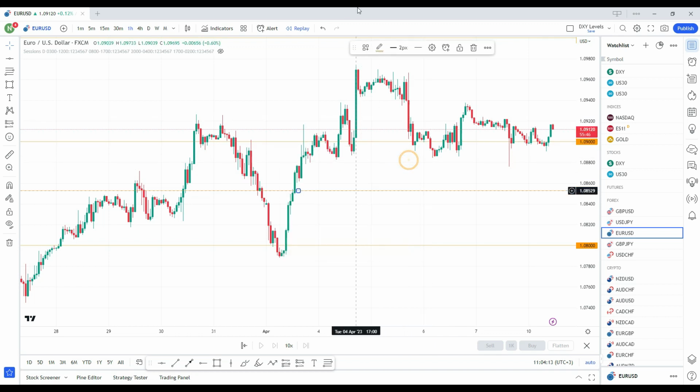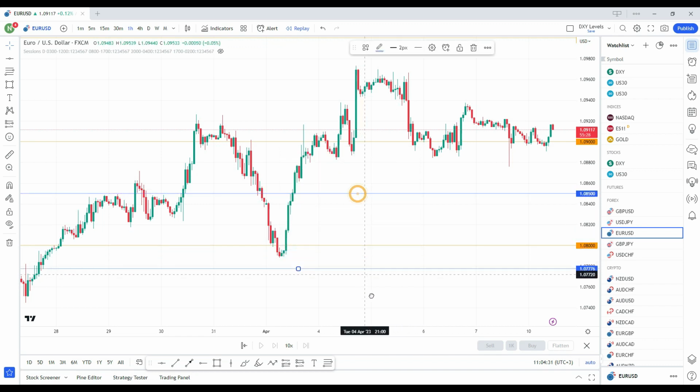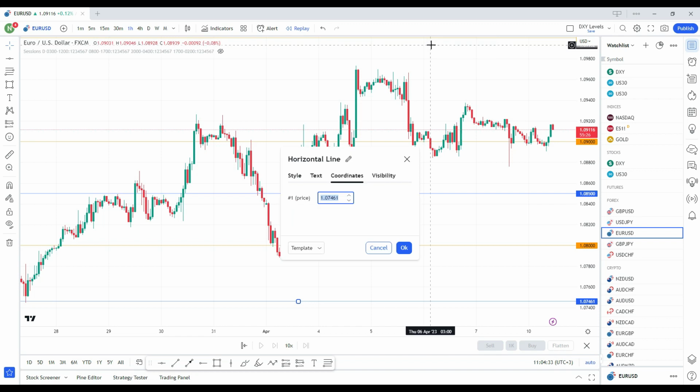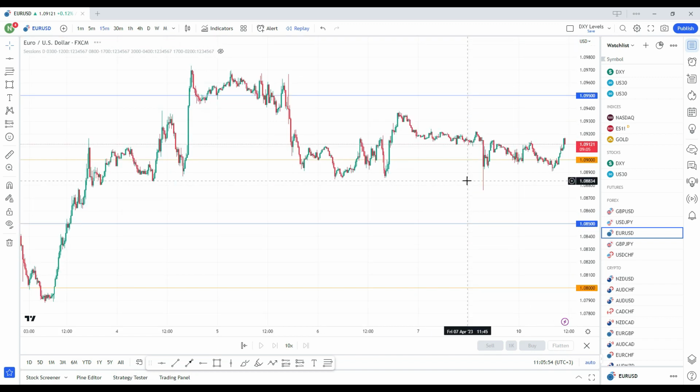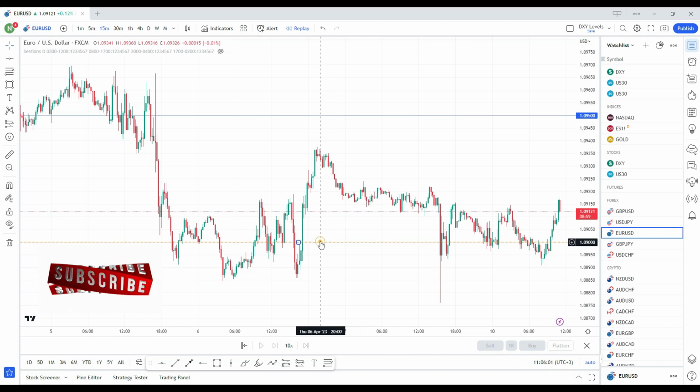Okay, you can change the color first. So this will be 500. And now we can go for the midpoint between the blue and this orange line.